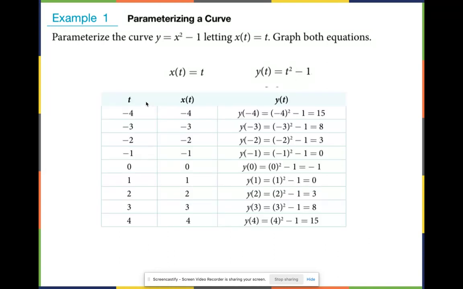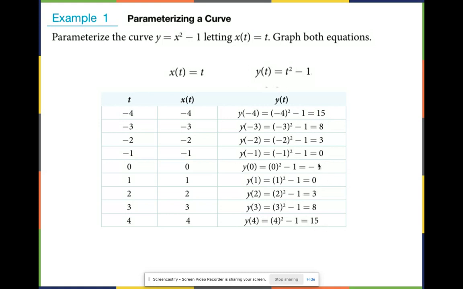Now we can make a table. We could choose some t values going from -4 to 4. If x of t is just t, then x is just going to equal the t value, and for each of these t values we can evaluate y. So y of -4, we plug it into this equation, and we get 15. When t equals -3, y of -3 equals 8, and so on.